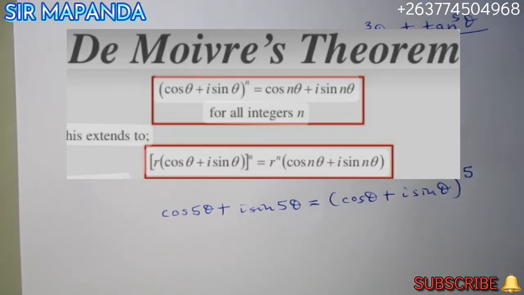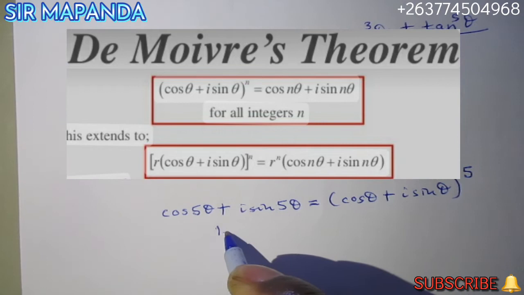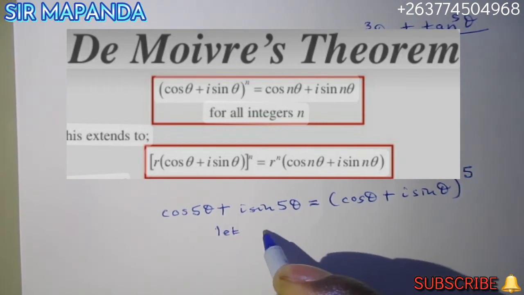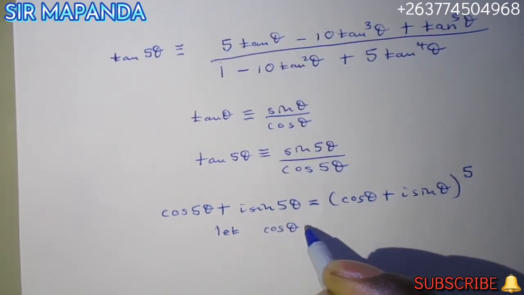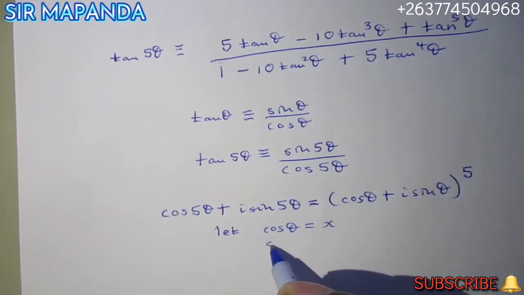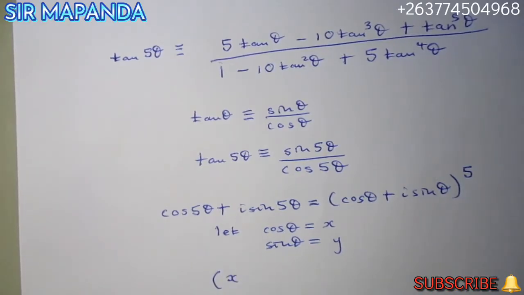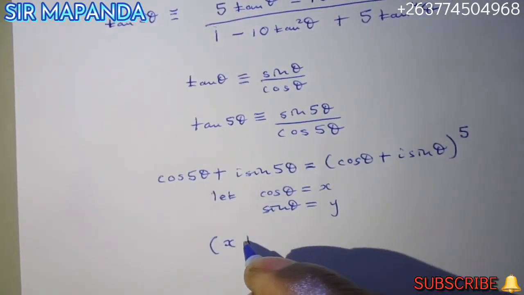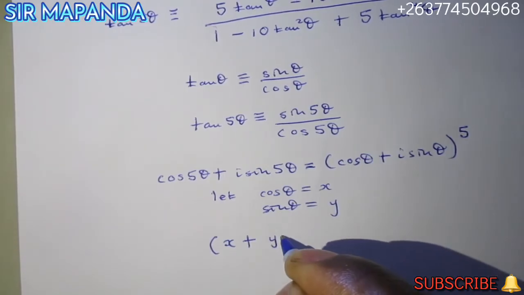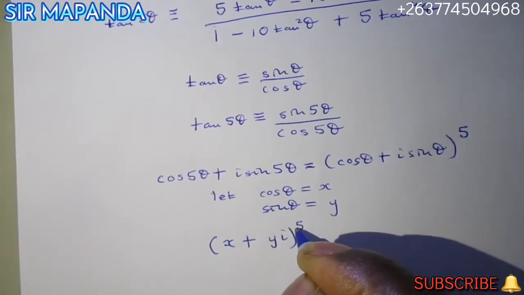I hope you are following. So let cos theta be x, sine theta be y. So on cos theta I'm going to put x, on sine theta I'm going to put y, so that you get (x + yi) to the power of 5.